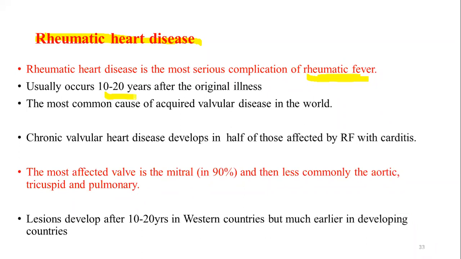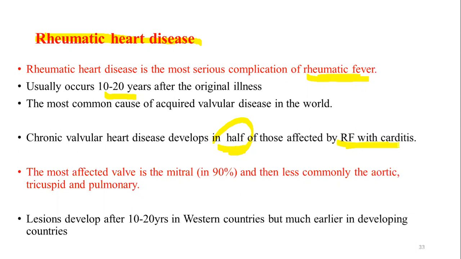And remember, this is one of the most common causes of acquired valvular disease globally. If a patient has rheumatic fever with carditis, more than 50% of the patients will develop valvular disease if they have this manifestation during the acute episode.